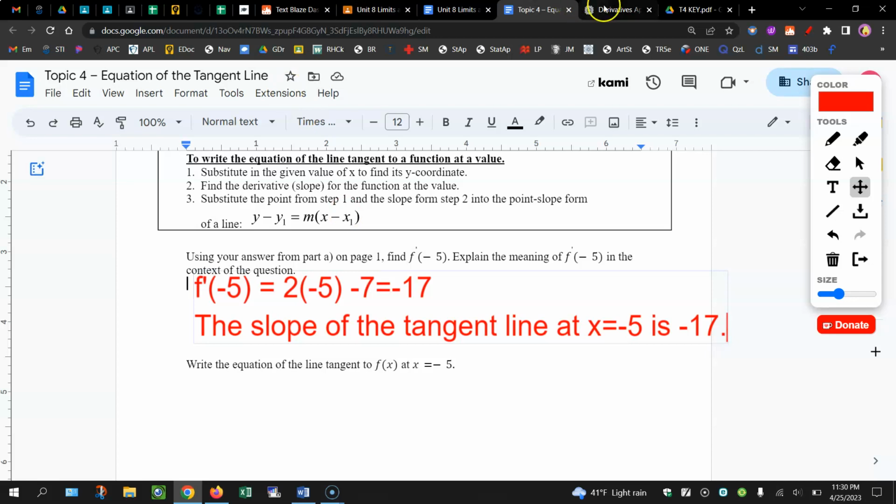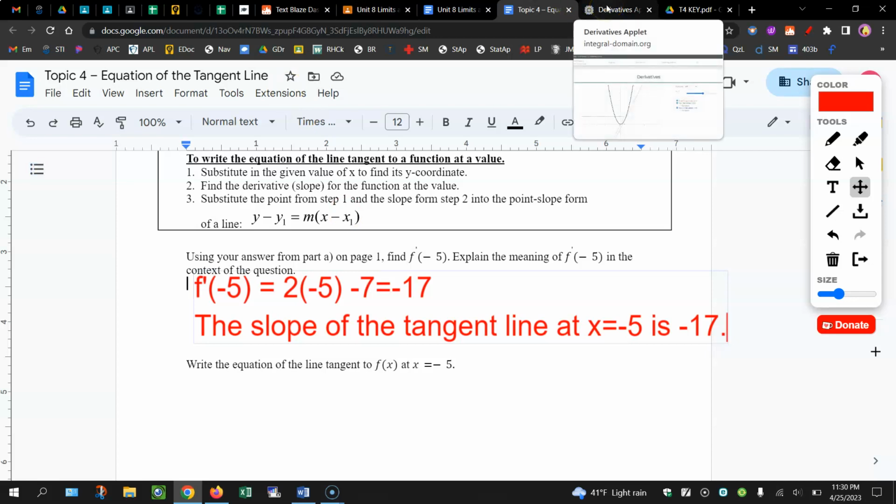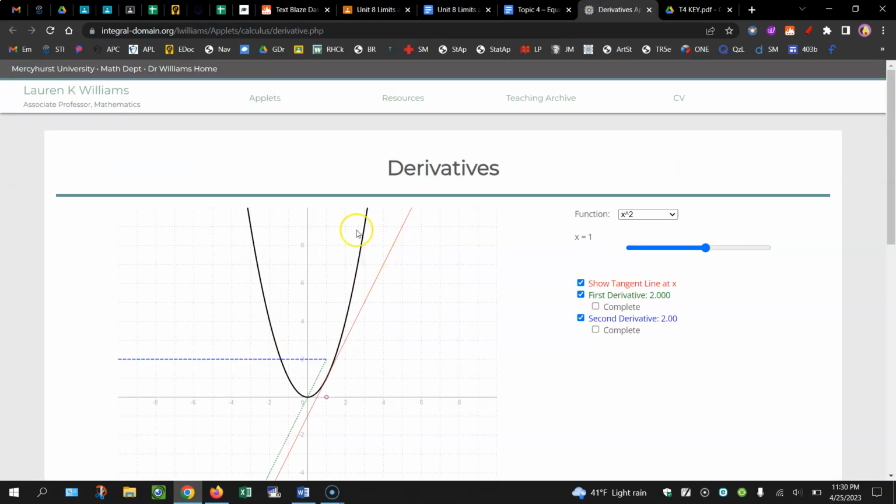So what does that mean? I'm just going to show you this so you can kind of get a sense. This shows you a function in black, this y equals x squared, and we're not going to do the second derivative. This red line is the tangent line. Obviously, it's a different function, but if we went to say when x is negative 5, you're not going to be able to see that quite as much, so let's go to something like negative 3.